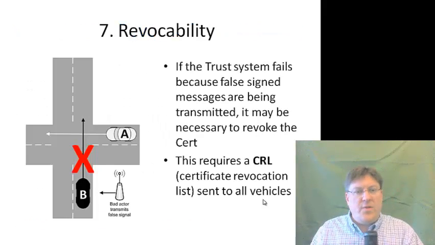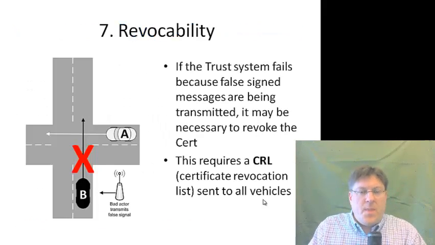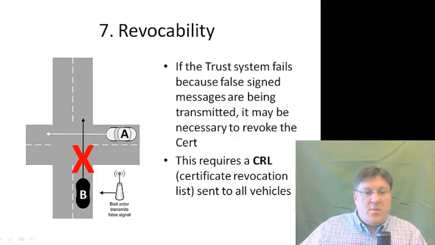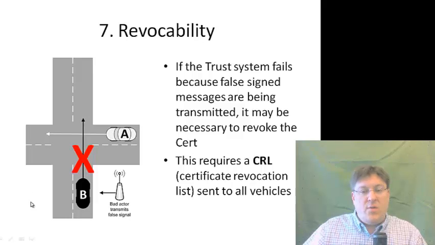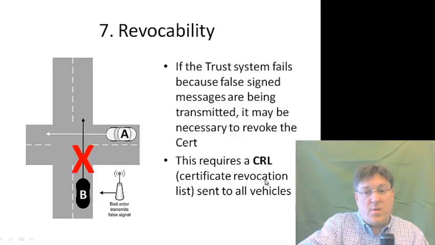Number 7, revocability. We may find that, say in this diagram, car B is not real, but it's transmitting with a real signature and a proper certificate. If this happens, the trust system has failed and we need to revoke the certificate on car B. We need to have some method of revoking this. It's that simple.